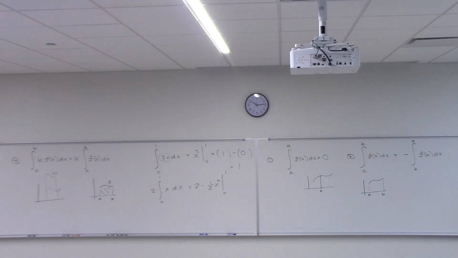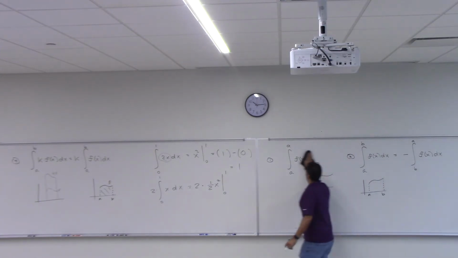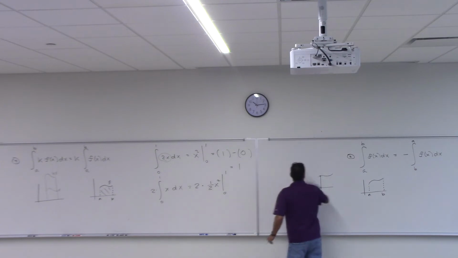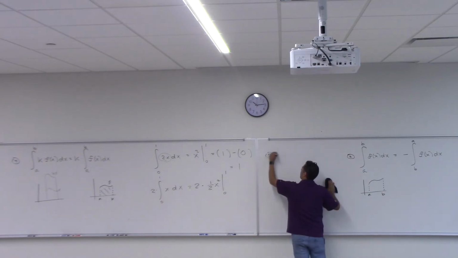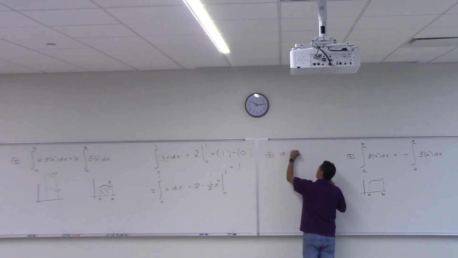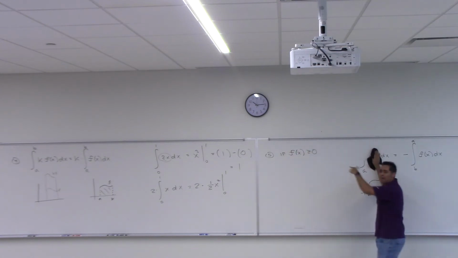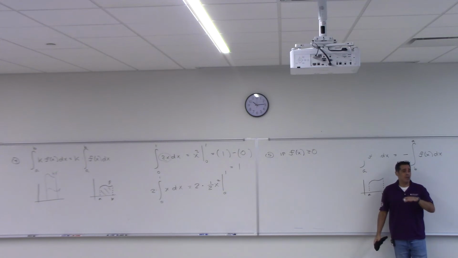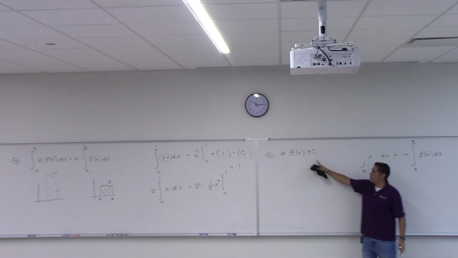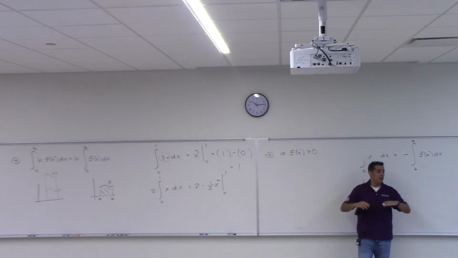Next property. The fifth one starts out by saying if your function is greater than or equal to 0. That means if you graph it, it never goes below the x-axis. The function is either above or touching the x-axis.